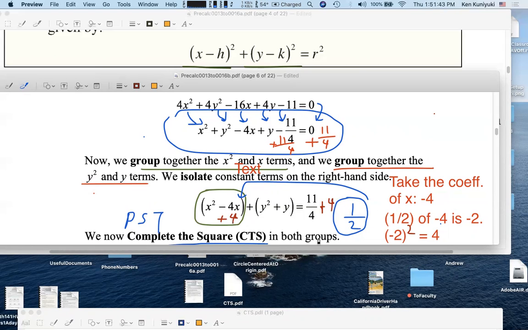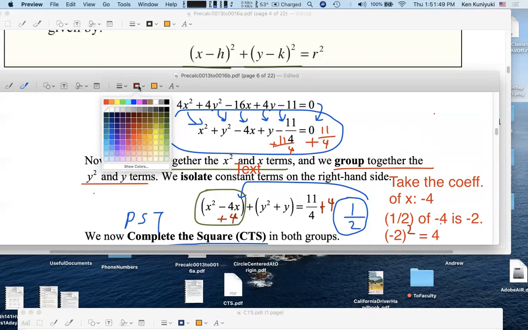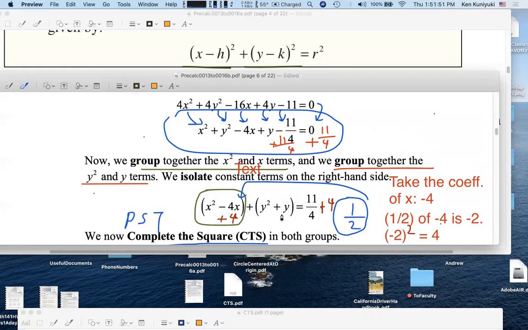Right. Now, similarly, how are we going to complete the square for the y group? What's the coefficient on y? The coefficient on y is 1. What's half of 1? It's 1/2. By the way, the sign doesn't matter because we're going to end up squaring anyway.